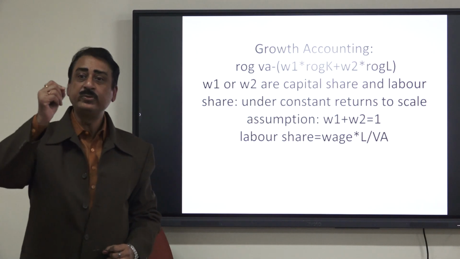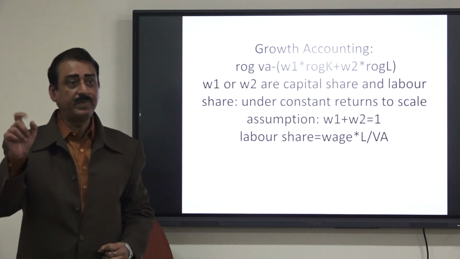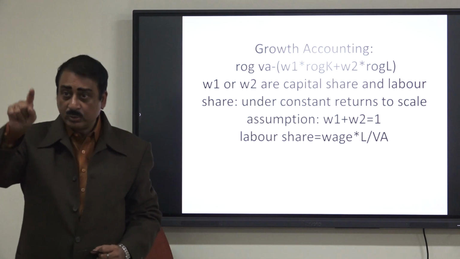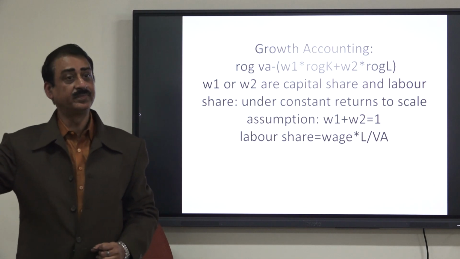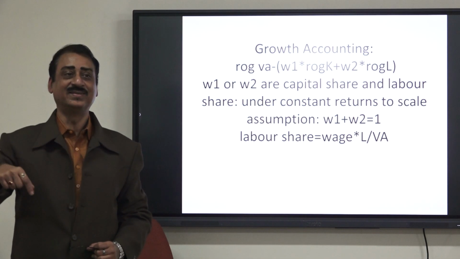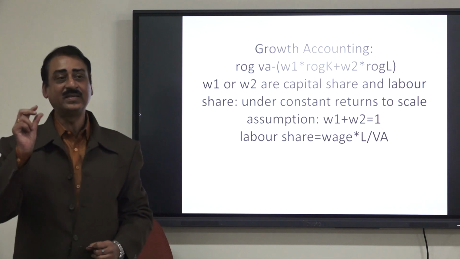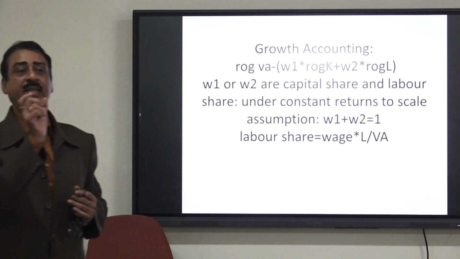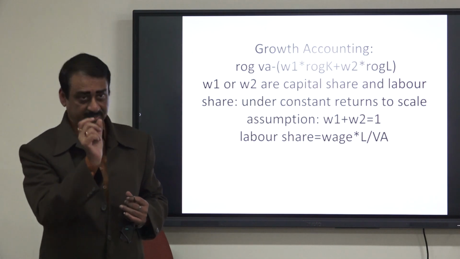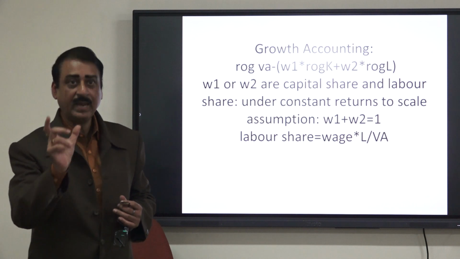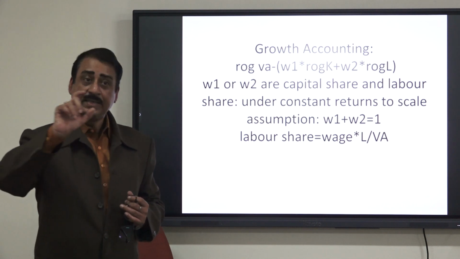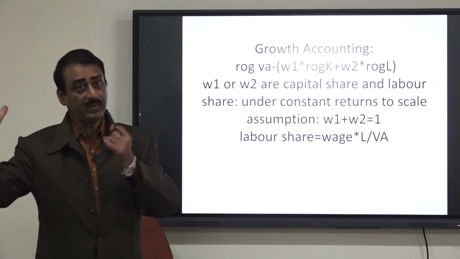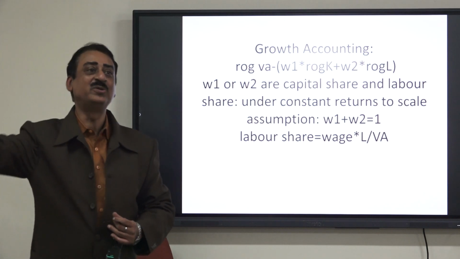So how do you do it? You take the wage rate in constant prices, multiplied by the total number of laborers, divided by value added. So that gives you the weight. What you are assuming is that labor price per unit into the total amount of labor plus capital price per unit into the total volume of capital should be equal to value added.